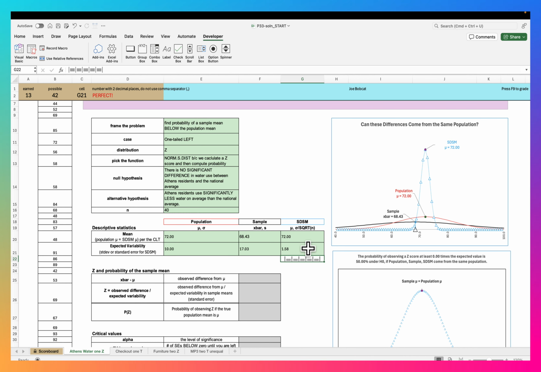And that's 1.58. Now notice that as soon as we introduce that, because it's a lot skinnier than the other two, it flattens out even further by comparison. This sampling distribution tells us, if you took an infinite number of samples from the population, how would they distribute? They'd be all over the place.